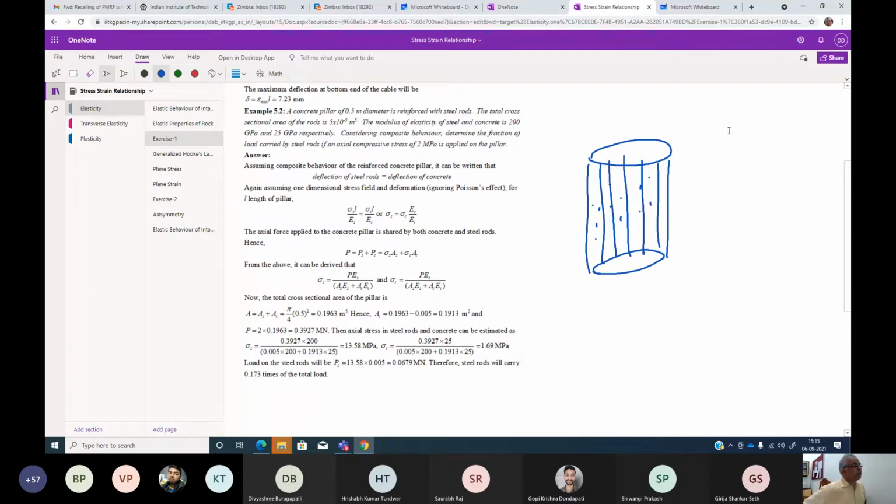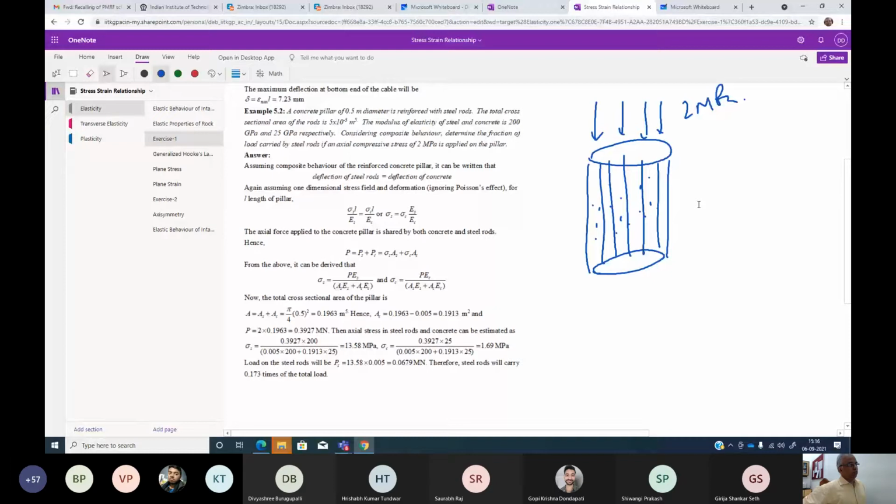Now, considering the composite behavior, determine the fraction of load carried by the steel rods if an axial compressive stress of 2 MPa is applied on the pillar. If we apply a stress of 2 MPa here, how much load is carried by the steel rods? This is the question. The answer is also given here.